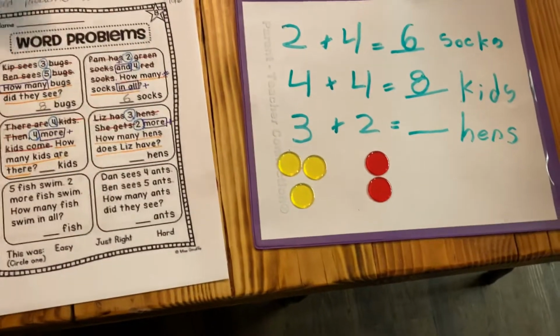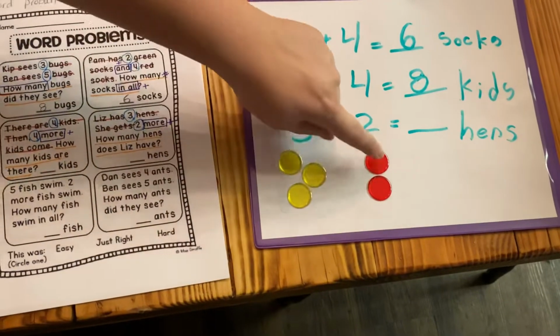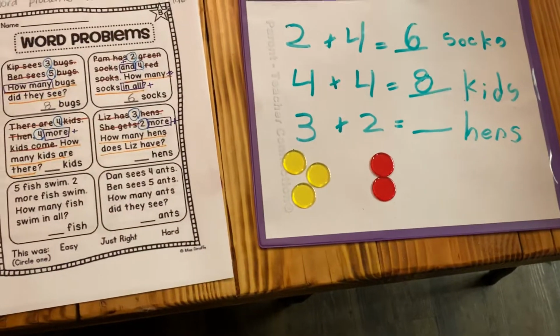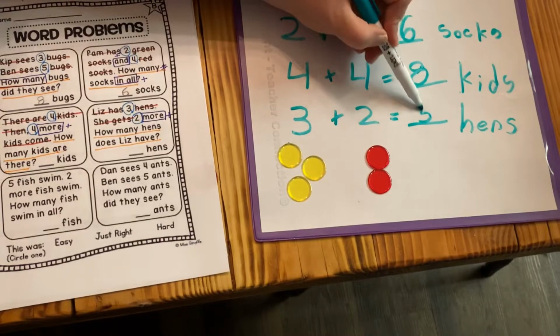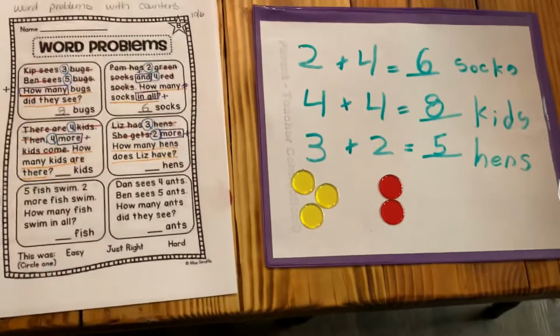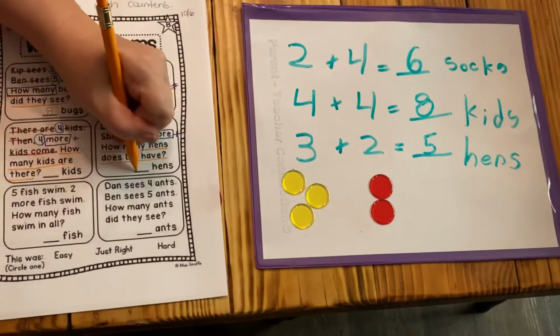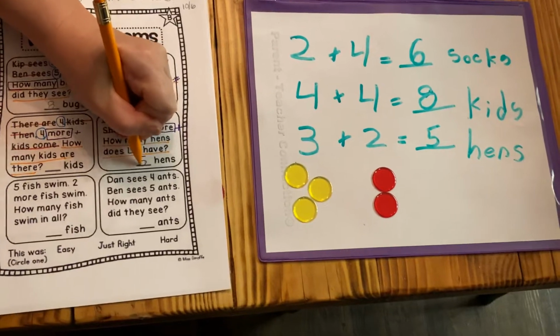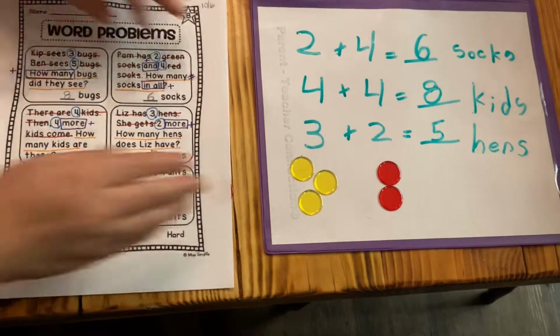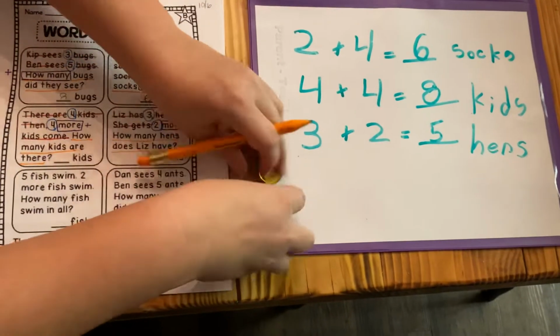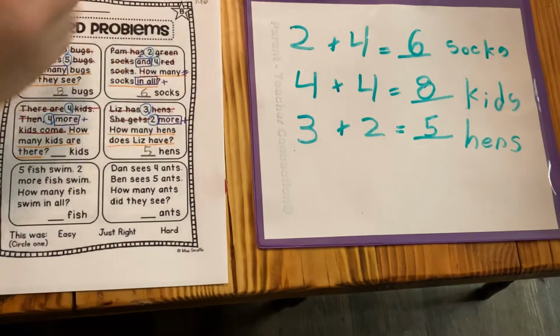So let's count them up. 1, 2, 3, 4, 5. I have a total of 5 hens. Don't forget to write your answer down, friends. Okay? I'm removing my counters.